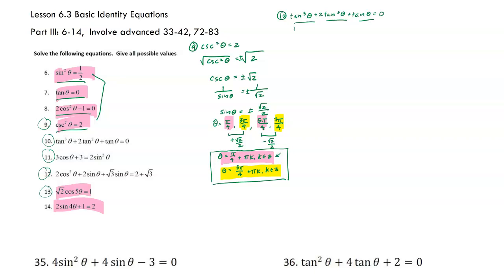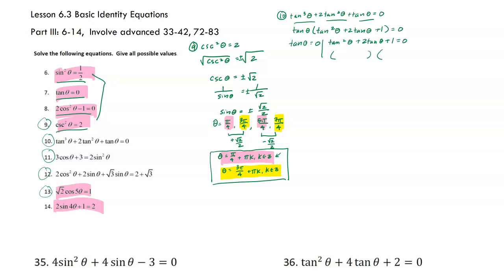First of all, I could take out a tangent theta in all of them. So I'm going to get tangent squared theta plus 2 tangent theta plus 1. Okay, so I already know it could be tangent of theta equals 0, and then tangent squared theta plus 2 tangent theta plus 1 equals 0.